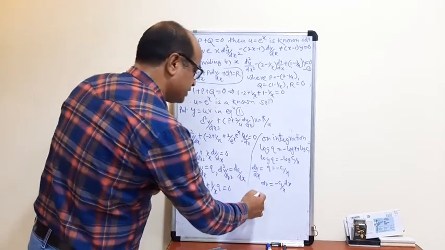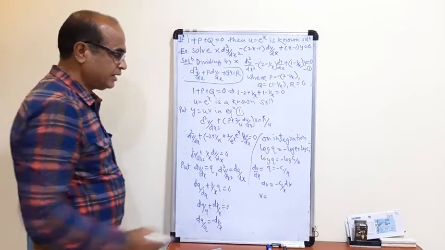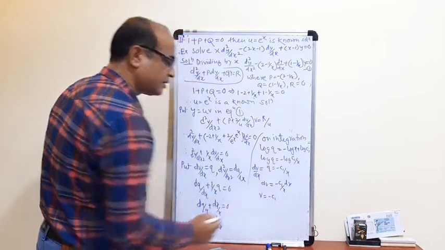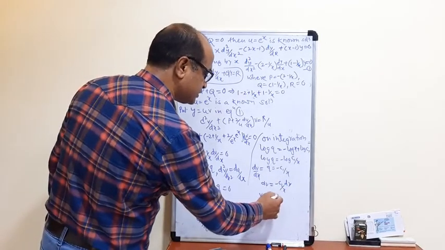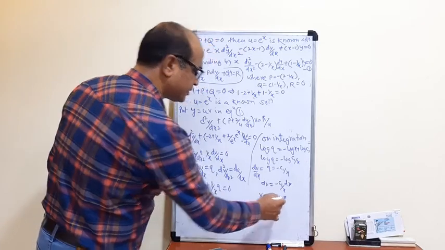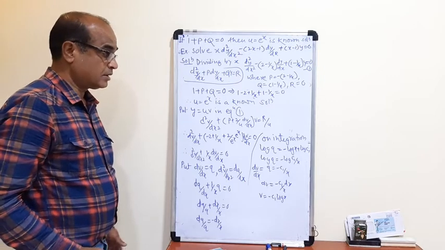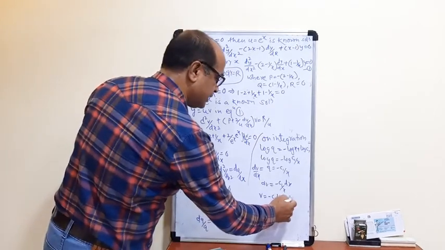On integration, v is equal to minus c1 times the integration of 1 upon x, which is log x, because the derivative of log x is 1 upon x. Plus another integrating constant c2.